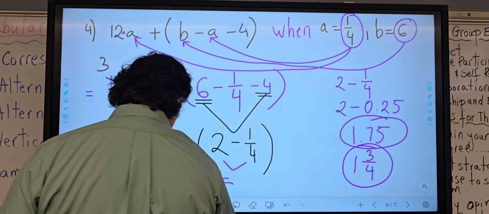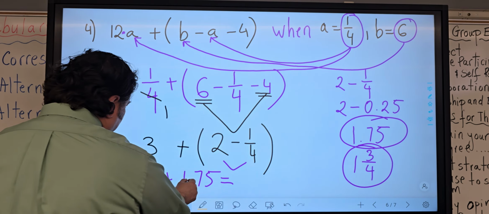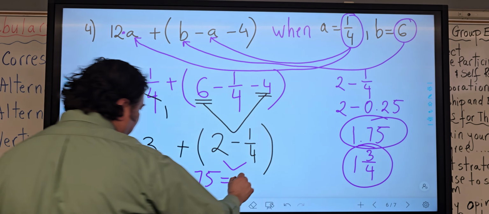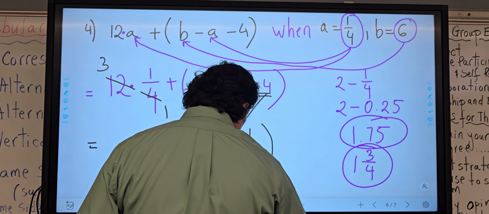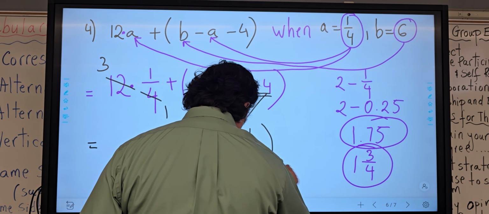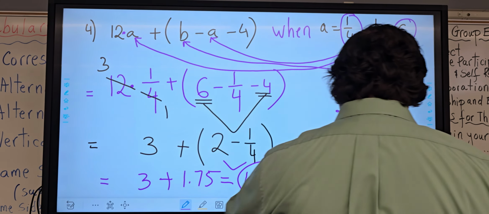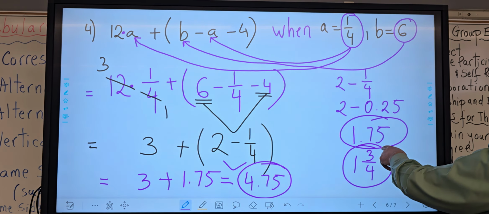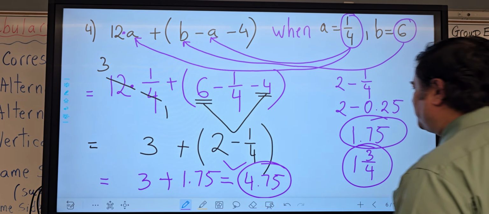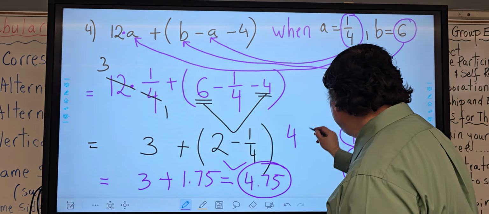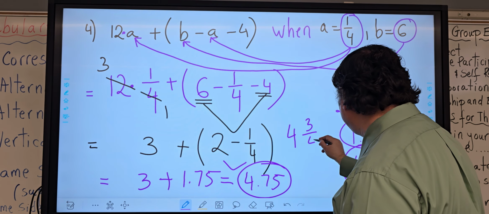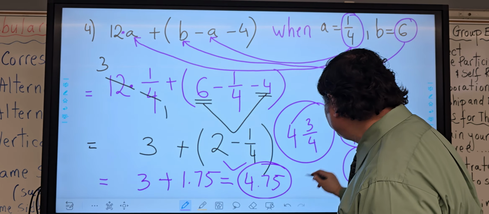And if we do that, we get the whole numbers, 3 plus 1 is 4, 4.75. Or we can say 3 plus 1 and 3/4, and that becomes 4 and 3 over 4. Final answer.